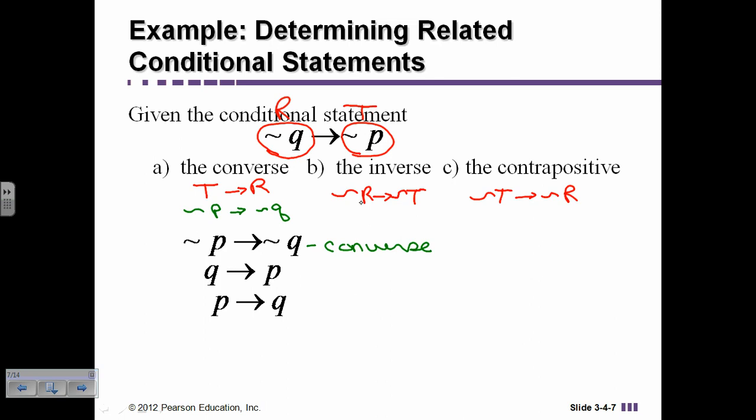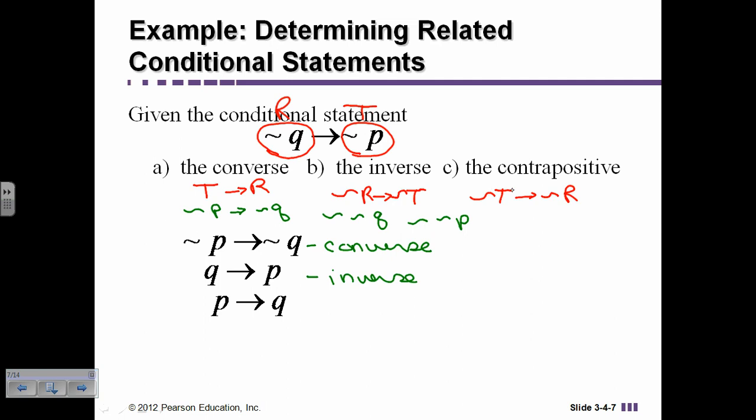If I do the same thing here, the negation of R would be the negation of negative Q. The negation of T would be the negation of negative P. So double negatives end up being just Q and P, so this would be my inverse.